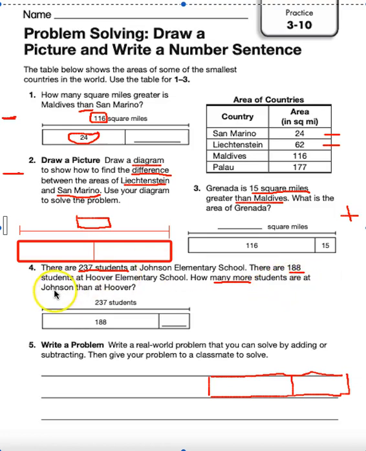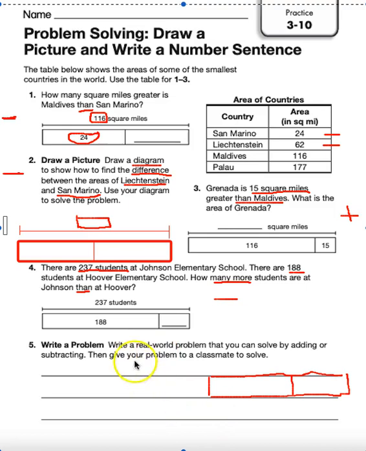Students are at Johnson than at Hoover. Well, I remember, how many more, there's a key phrase. And then that means subtraction. So, again, you have the in all. You have one of the parts. You subtract the big one minus the little one to find out what goes in that other part.